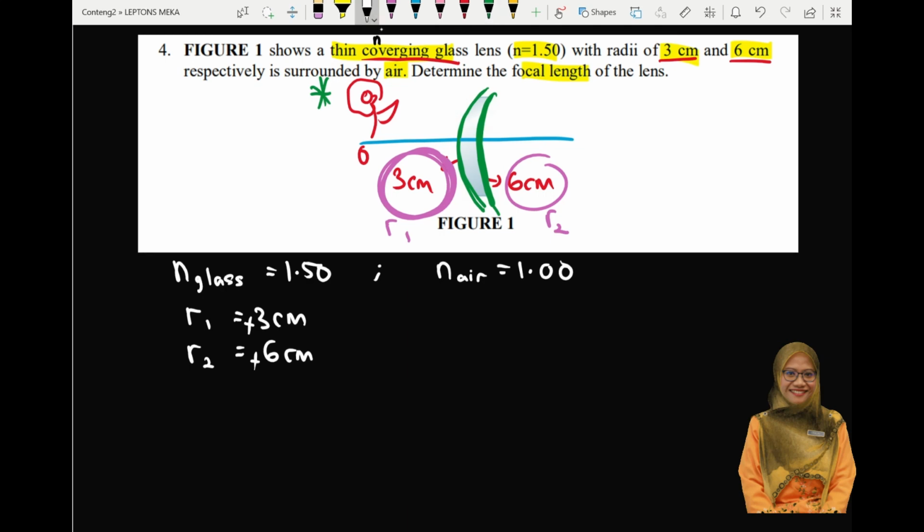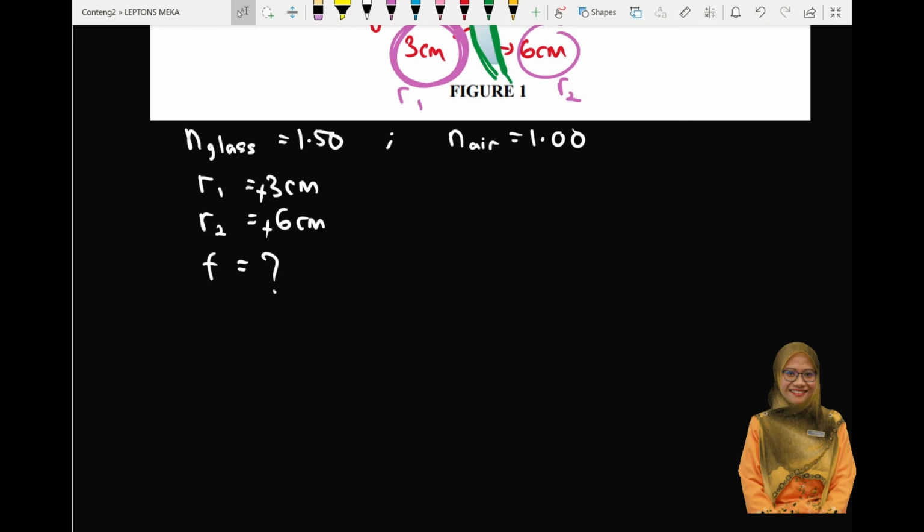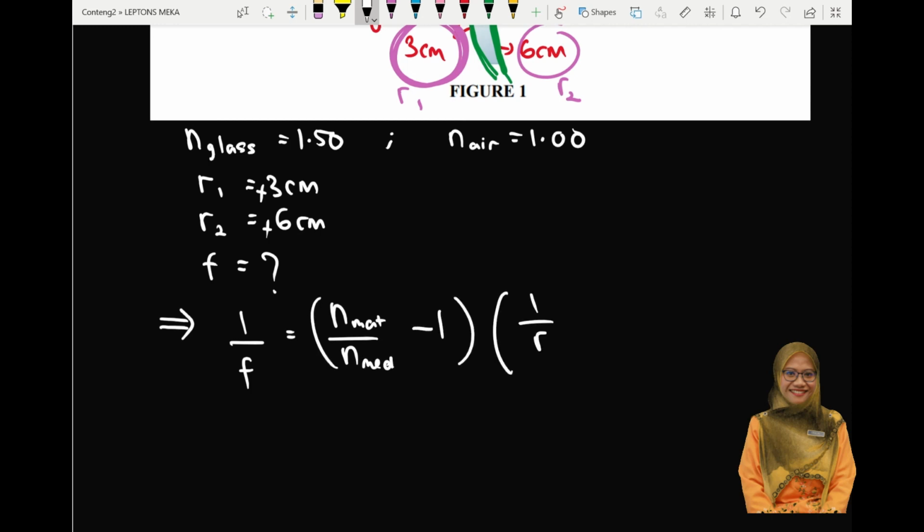So then kita nak cari the focal length. Of course we use the lens maker equation. You can use 1 over f equals 1 over u plus 1 over v, tak boleh guna because we do not have the value of object distance and image distance. Tak ada, so tak boleh gunalah. So 1 over f equals n material over n medium minus 1, times 1 over R1 minus 1 over R2.